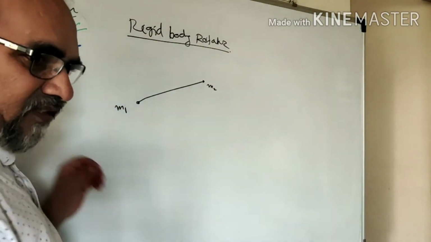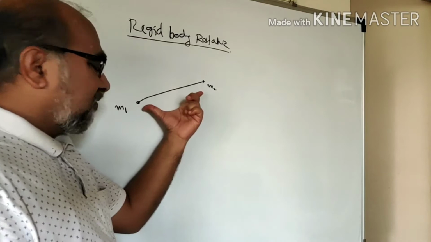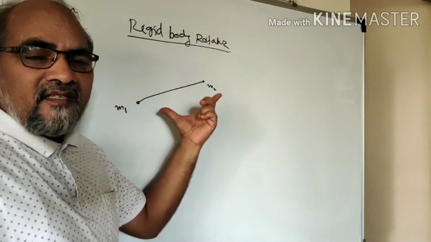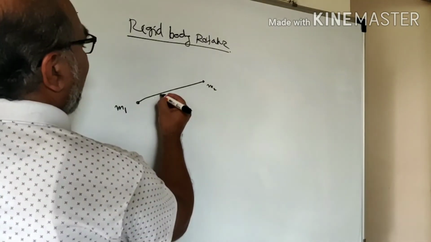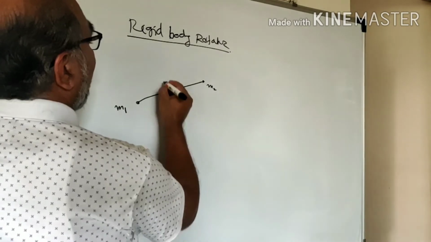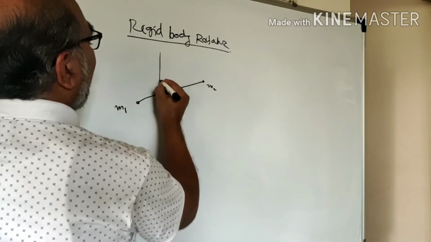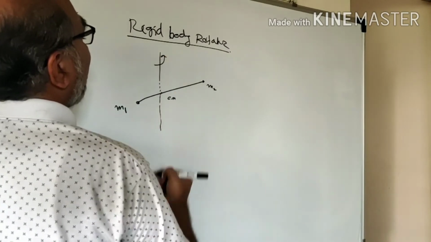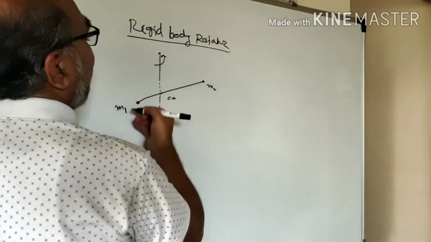to each other, and there is one point in between M1 and M2, which is the center of mass. Say this is the center of mass of this system, and the whole system is rotated about this axis which is passing through the center of mass.